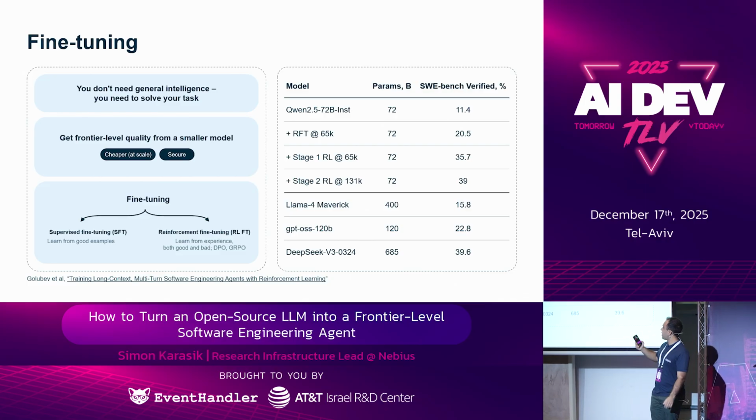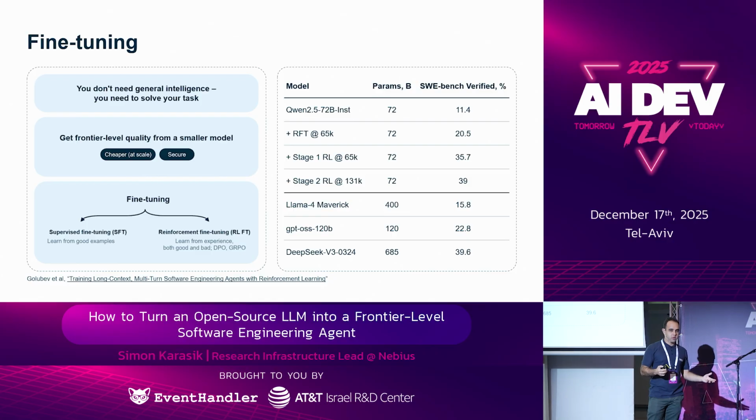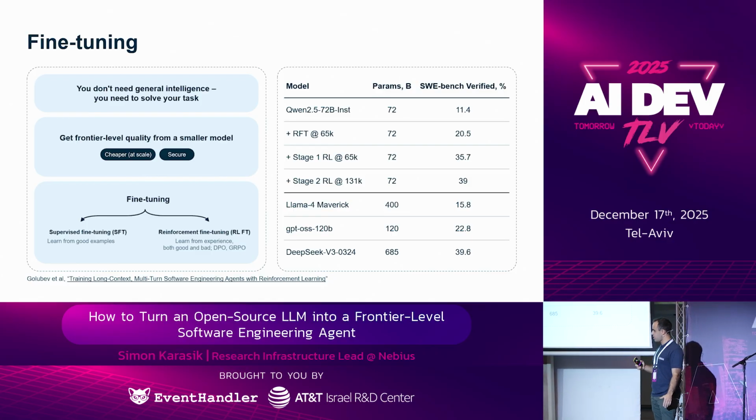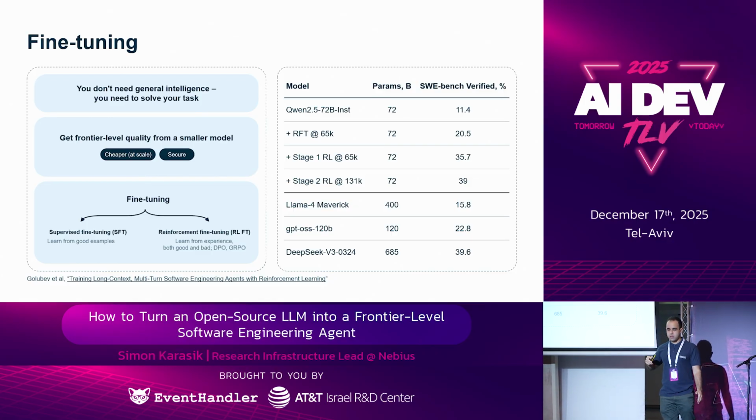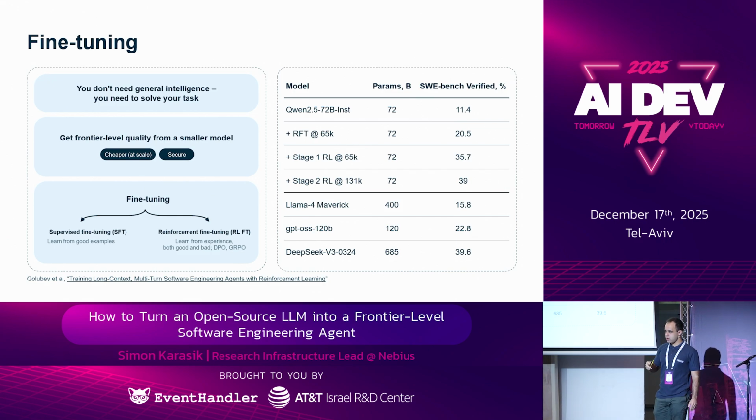And as we also show with our research, fine-tuning is super powerful. For instance, we had the Qwen 2.5 72 billion model, which initially was quite a poor model, just around 10% quality. But then we applied supervised fine-tuning and we got 20% quality, which is 2 times increase. And on top of that, we then applied reinforcement fine-tuning, which brought us another 2 times increase in quality.